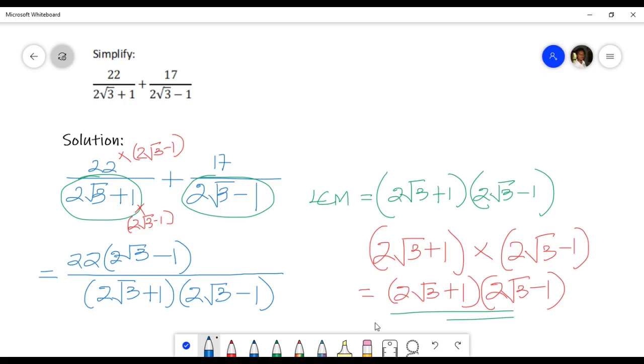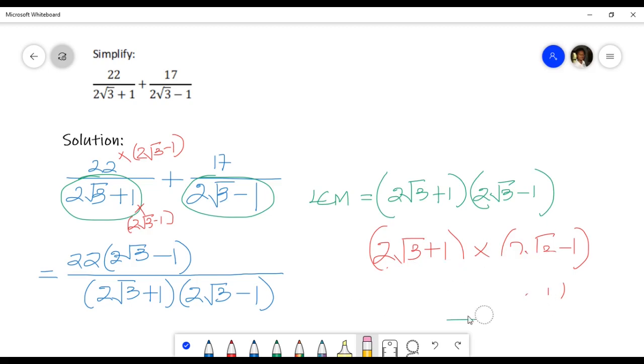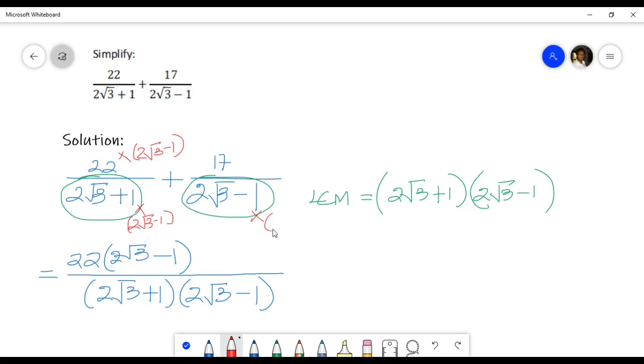Now let us go to the second fraction and see the denominator there. 2 root 3 minus 1 into what number or what set of numbers will be equal to the LCM? I think you have got it in your mind. That's very well. So 2 root 3 minus 1 into 2 root 3 plus 1. This is the multiplier by which, when we multiply, we get the LCM.